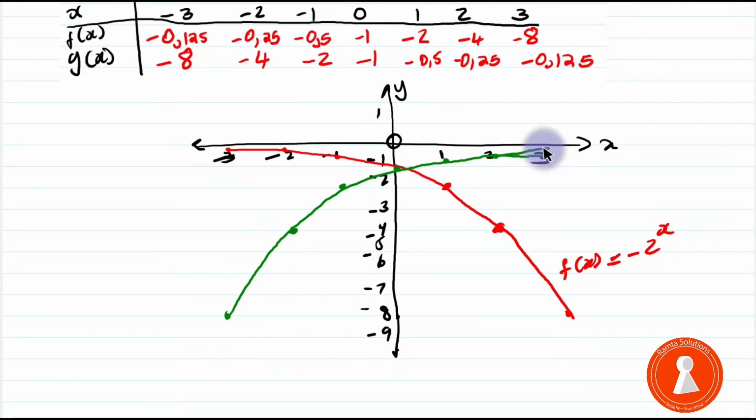Okay, something like that. Now this one is g of x equals negative of half to the x.